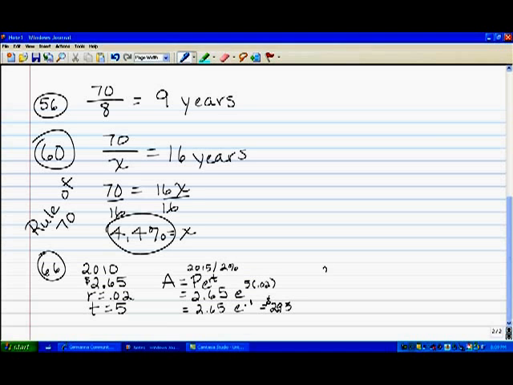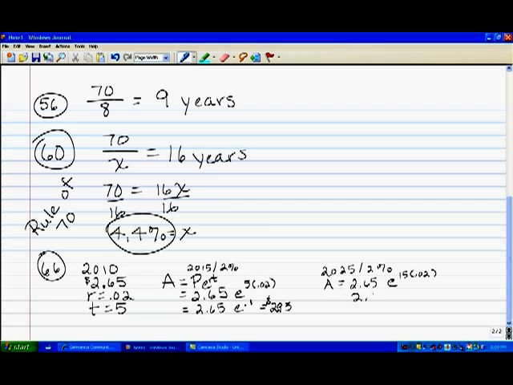So what about 2025? Well, it's going to be similar. It's going to be 2.65 times e to, this time it's 15 years times 0.02.